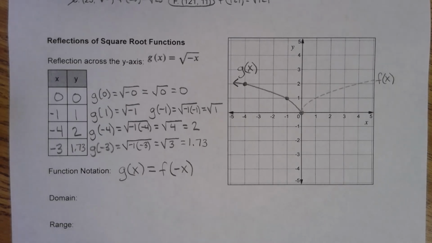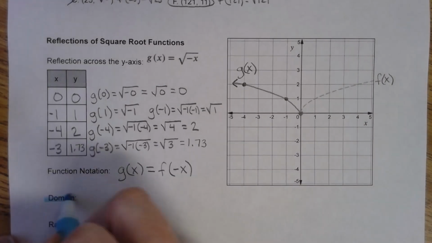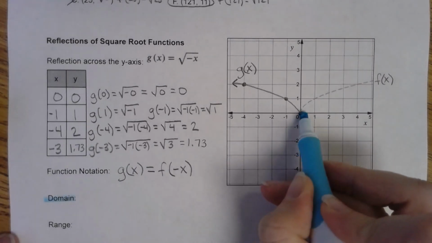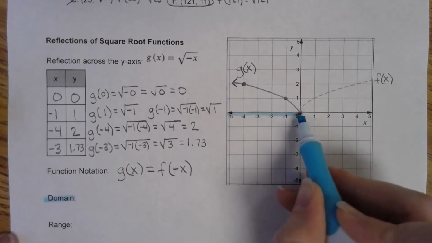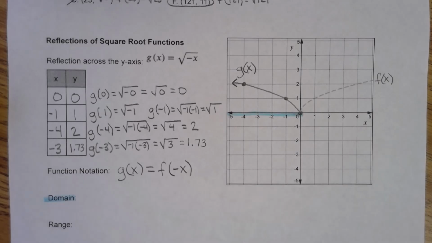Let's talk about the domain of this function g of x. So for our domain, we're going to look at which x values our graph will reach. So here along our x-axis, it starts out at 0, but this time it turns off in the negative direction.